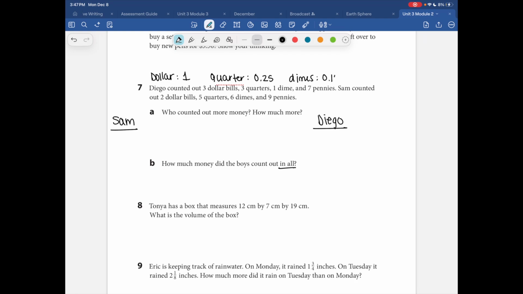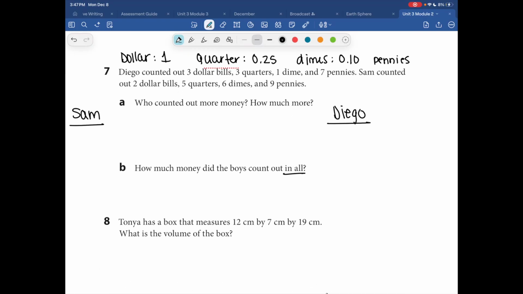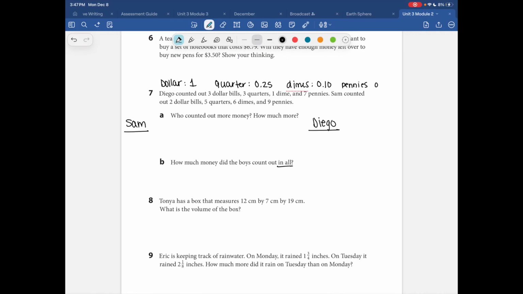Dimes are worth 10 cents, and pennies are worth 1 cent. So think about it. If Diego had $3, what do you have to add on top of that? He had 3 quarters, and he had 1 dime and 7 pennies. So figure out the amounts so that you can see who has more, and how much did they have in all.